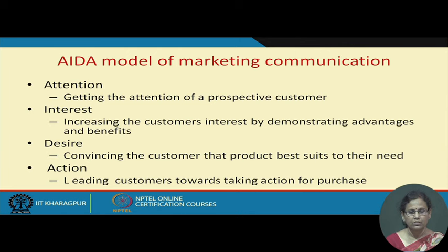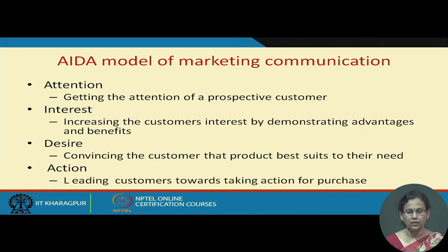So, in this model, first the company tries getting the attention of a prospective customer. Then it makes certain efforts in which the customer is interested to know about the product and its various advantages and benefits.